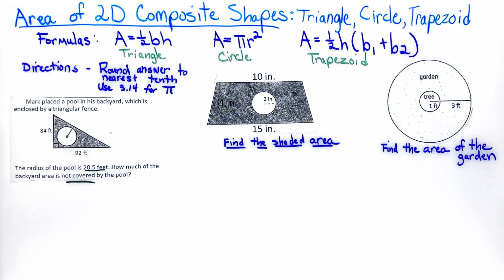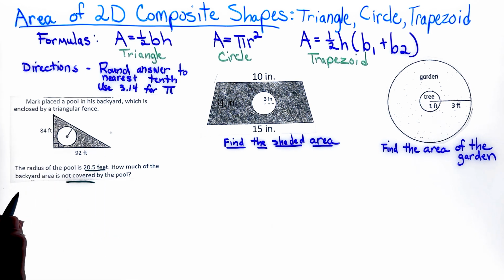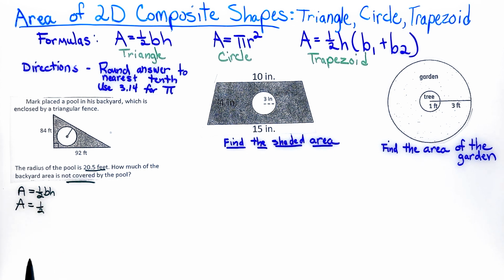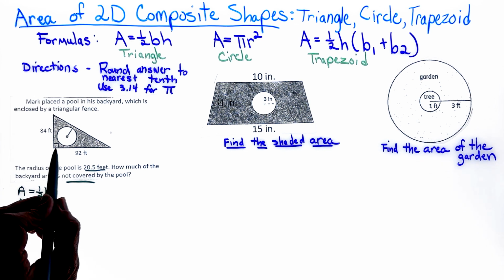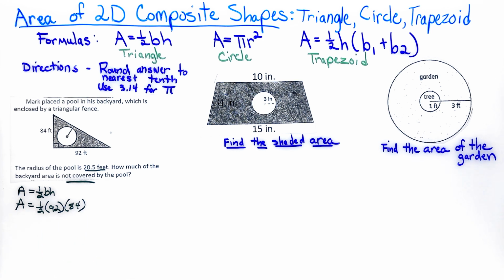So we're going to start off, and let's find the area of his whole yard first. So that's a triangle. So area is equal to 1/2 your base times your height. I always write the formula first. Area is equal to 1/2. The base is 92. And see this 90-degree box? That tells me my height is 84.